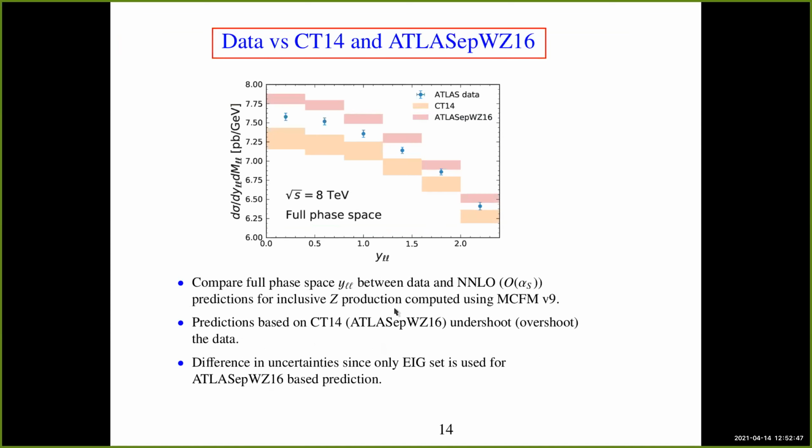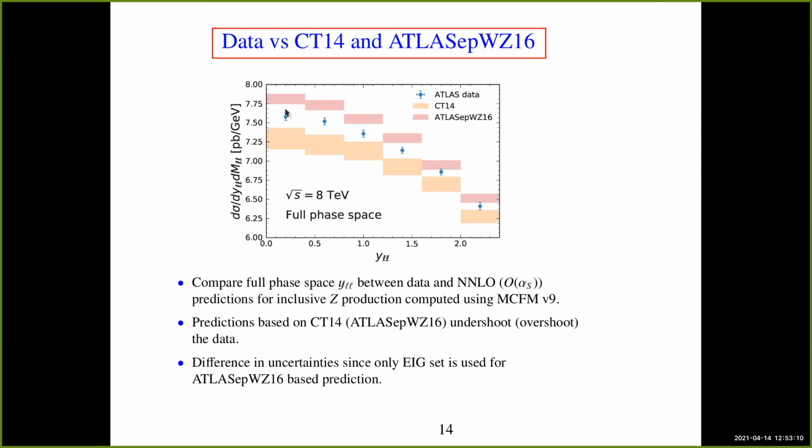Okay, so now we can perform a comparison of this data to predictions computed at next to leading order. The flavor of this next to leading order computation is MCFM version 9 with the subtraction scheme used there, but for full phase space it shouldn't matter. So they are all equivalent.